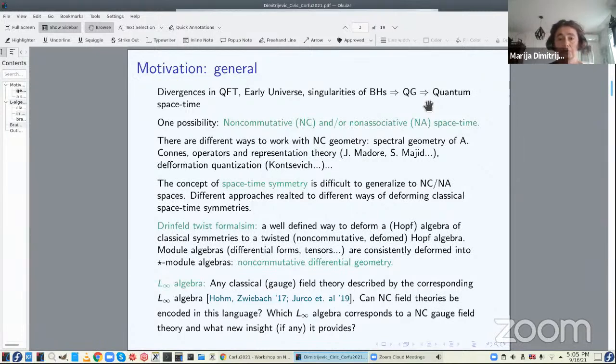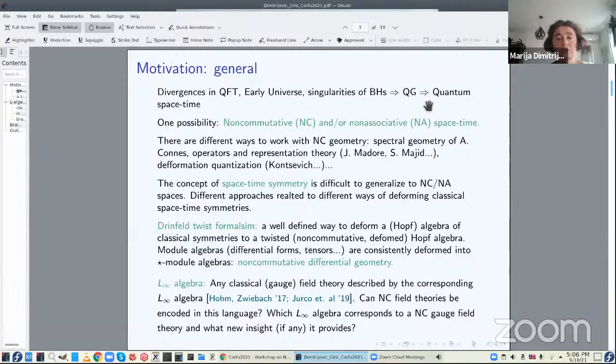And there are all sorts of different ways how one discusses field theories on these non-commutative spaces. There is work of, for example, Alain Connes on non-commutative spectral geometry. Then there is the operator and representation theory work done by John Madore, Shahn Majid, and the others. And next week, there will be a workshop dedicated to John Madore.